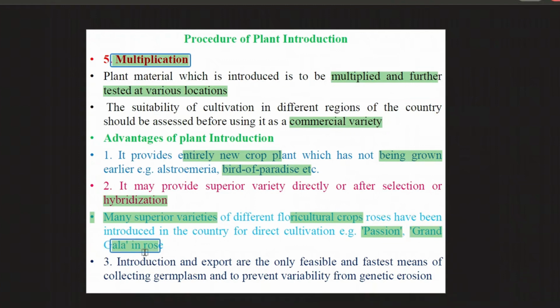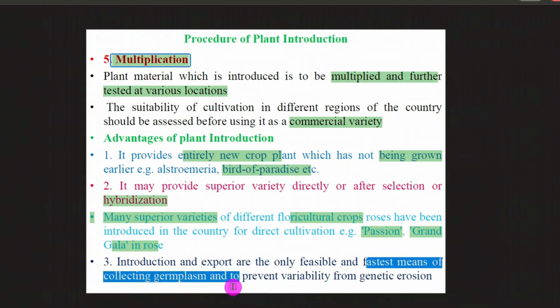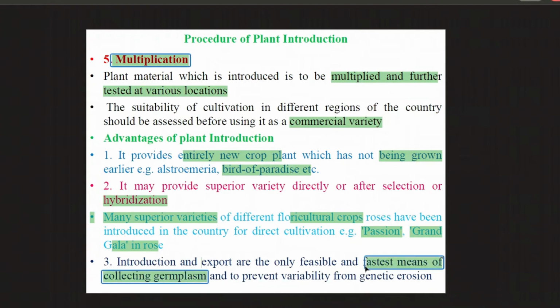and exploration are the only feasible and the fastest means of collecting germplasm. In quizzes and higher examinations, they can ask what is the fastest means of collecting germplasm. We should answer that plant introduction is the fastest means of collecting germplasm.